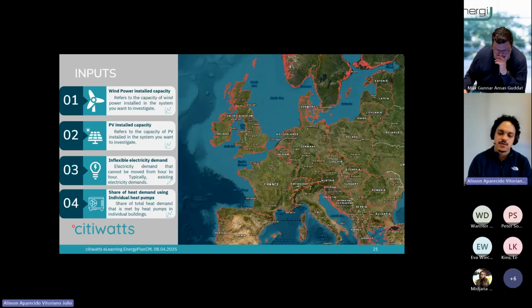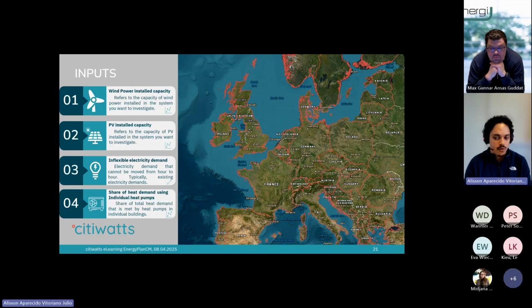This input can be found either in local statistics, in reports, in international institutions' reports, but it can also be found within the Citiwatts platform through the CM called wind potential. Then it can be calculated for a given area, and then you can use that output as an input in the EnergyPlan CM.